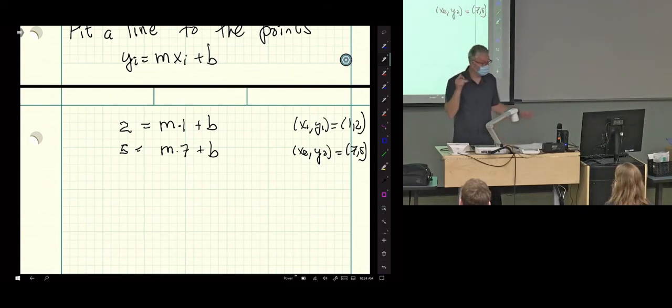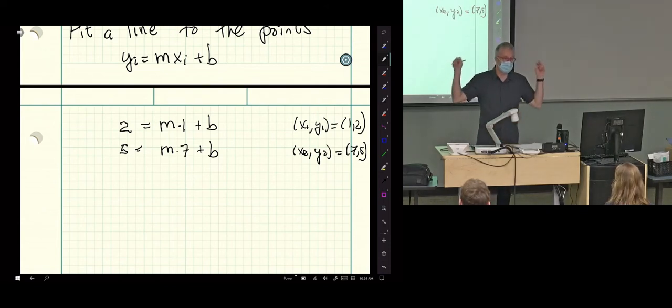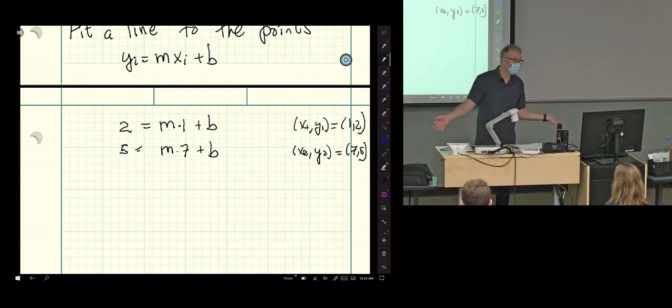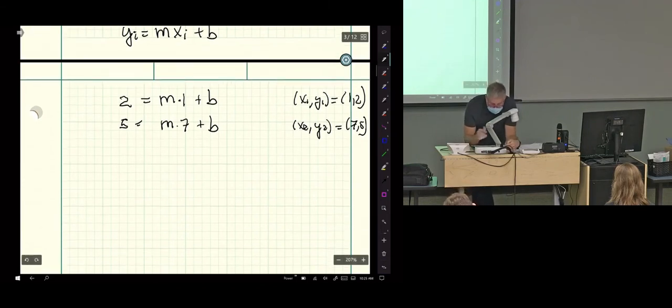Now I want to write this as Ax equals b. Now, I don't really want to call the right-hand side b anymore, because b is what you've always used to call the y-intercept. So we're going to use different variable names. But it's still going to be a matrix times a vector of unknowns equals something on the right-hand side.